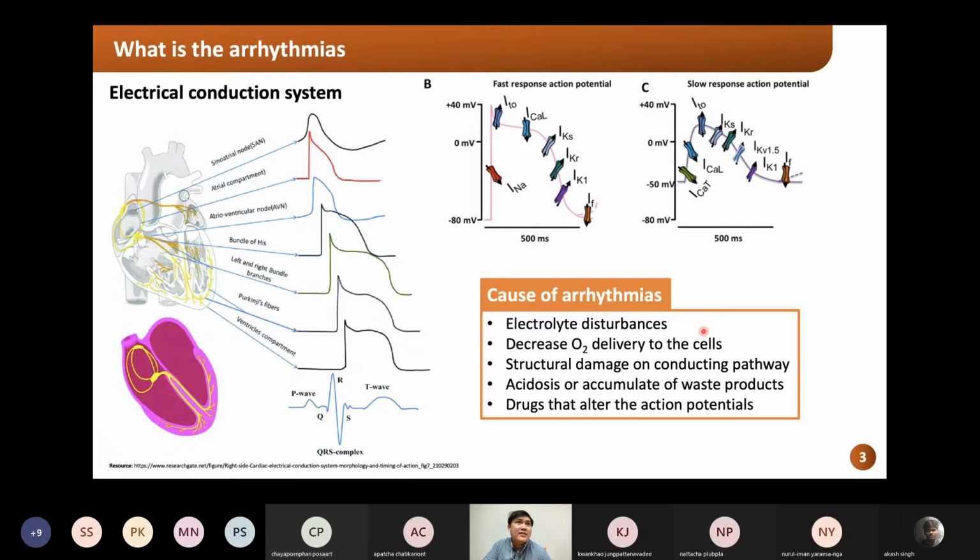I think it's just a possible way that acidosis and accumulated waste can disturb the electrolytes in the cell, but there is no consensus about the physiology of this. Then I'll try to find it out. Thank you.